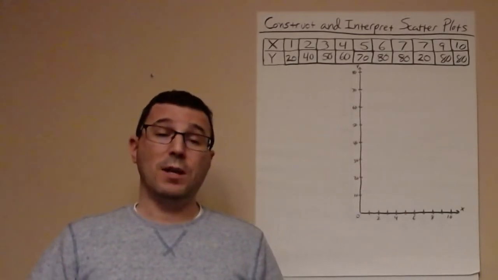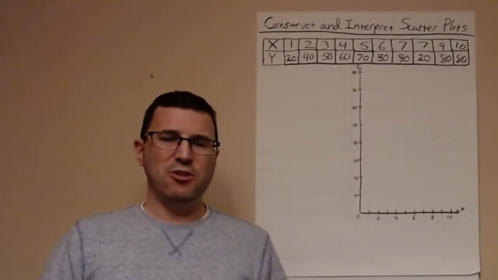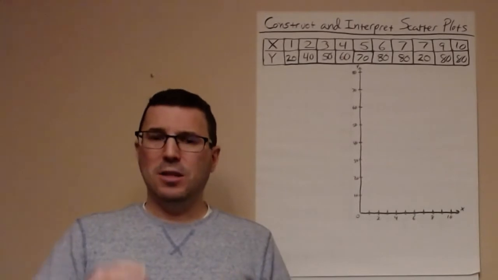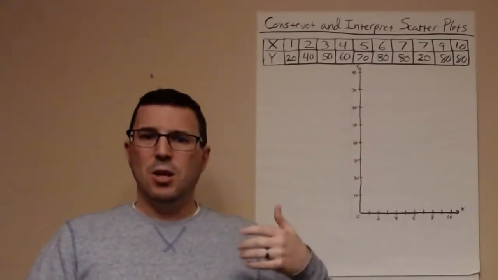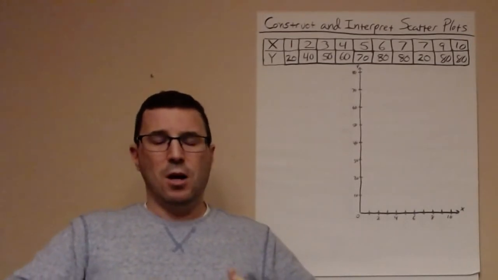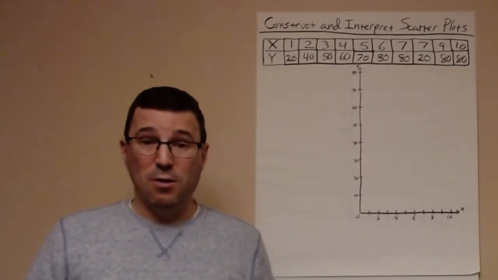Really what we're doing is we're just going to plot the points to get an idea of what the relationship is. We're not going to play connect the dots. We're basically going to look at the way the points go on the graph and see what type of relationship they have. Is there a strong relationship? Is there a weak relationship? Is there any relationship at all?